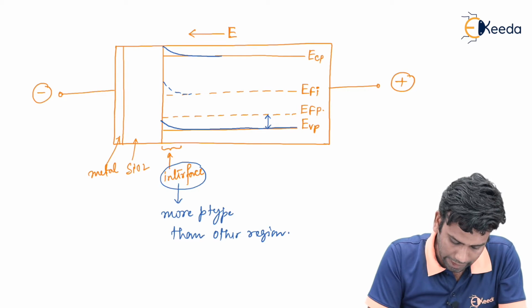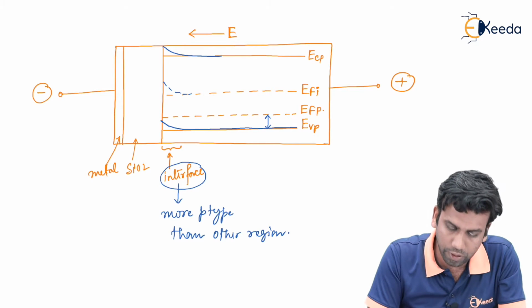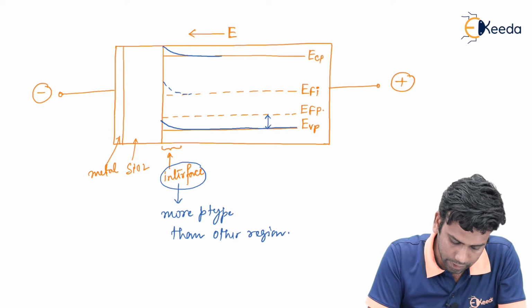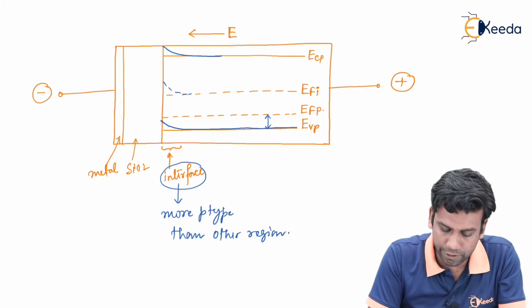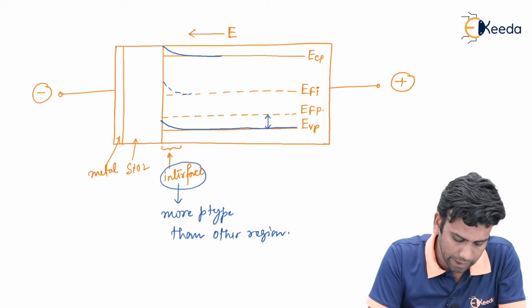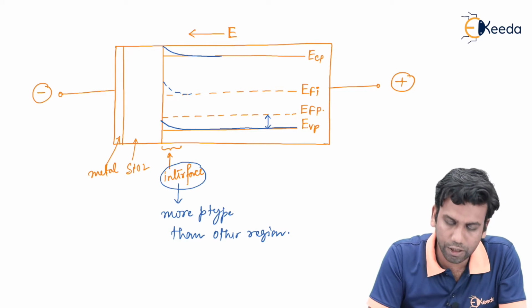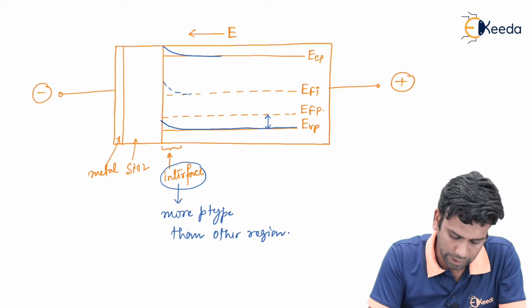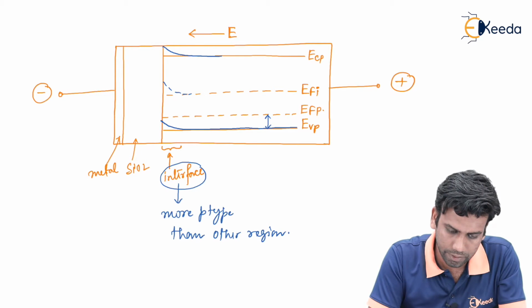So at the accumulation mode of the MOS capacitor there will be a band bending of valence band towards the Fermi level of the p type at the interface region due to the accumulation of holes at the interface.